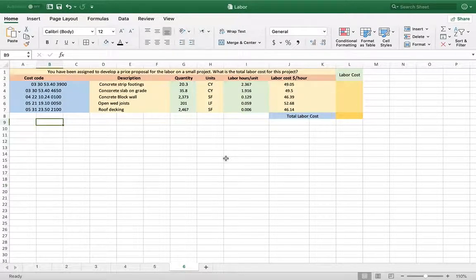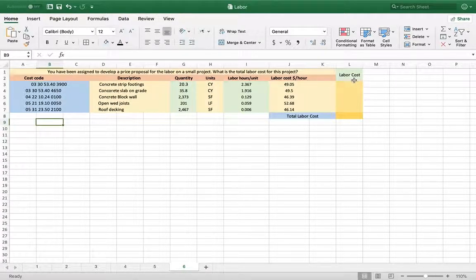So last question. You have been assigned to develop a price proposal for the labor on a small project. What is the total labor cost for this project? So the question gives us the cost code, description, quantity, units, labor hours per unit, and labor cost dollar per hour.